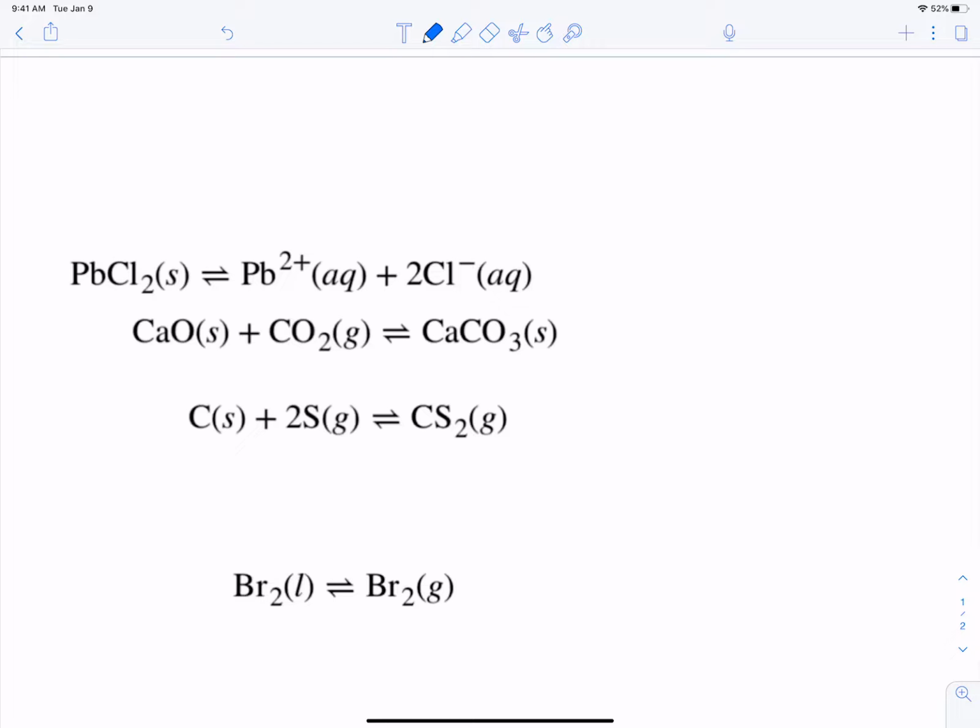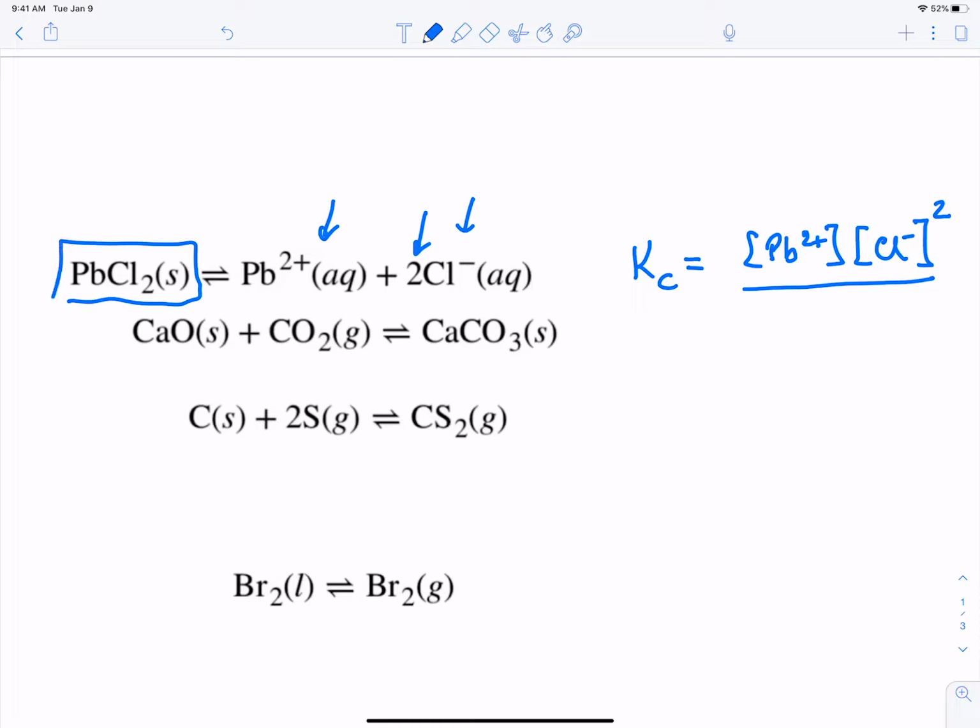If we look at, as an example here, this is lead chloride, which is in equilibrium with lead 2 plus and chloride ions. If we were to write the equilibrium constant, we of course are looking at these two here, so this would be the concentration of lead 2 plus times chloride ion, and then of course there's going to be a 2 here because of this 2, and then it's going to be divided by this concentration or activity.